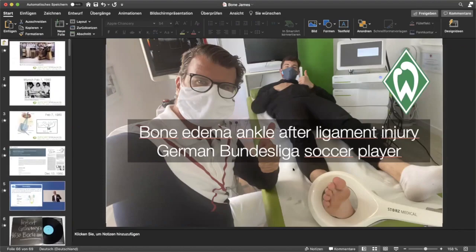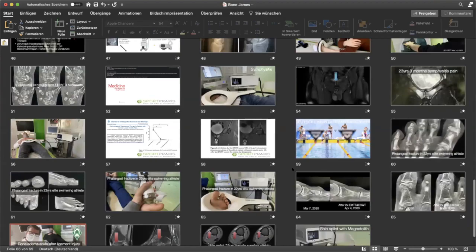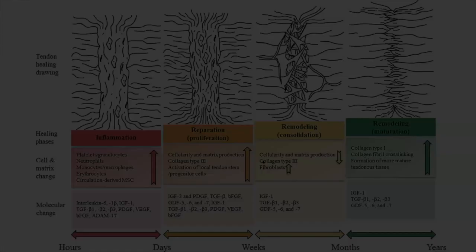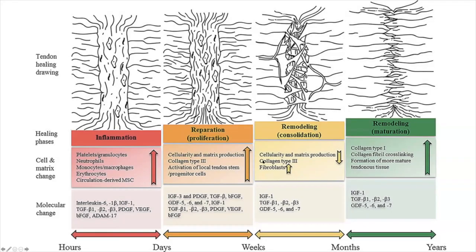So if we wait a sec. So here it is. In every tissue, in a bone, in a tendon, in a muscle, if there is an injury, in the very beginning you have an inflammation with an upregulation of certain cytokines. And this is followed by reparation and 2 phases of remodeling. So this course is, let's say, a year.